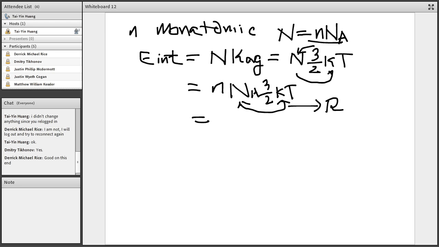So what we have is 3/2, times the number of moles, times R, times T.